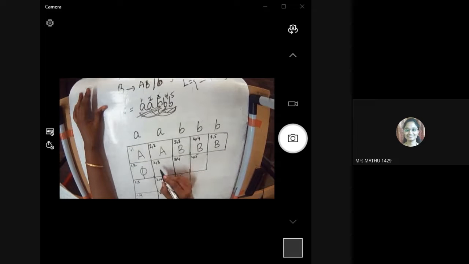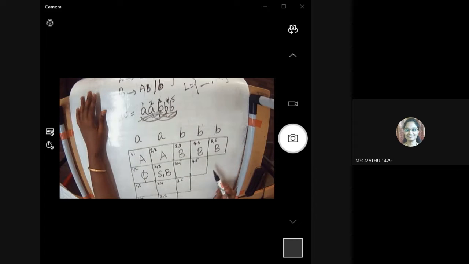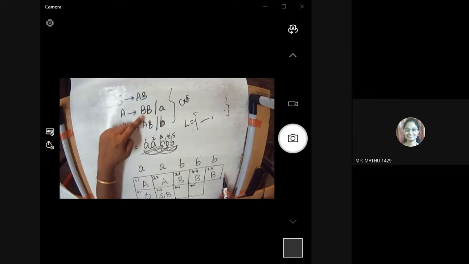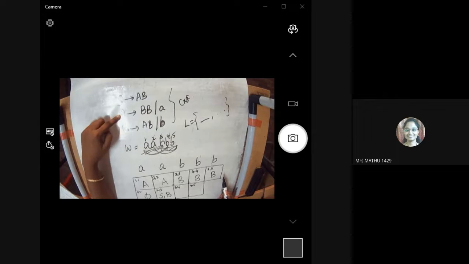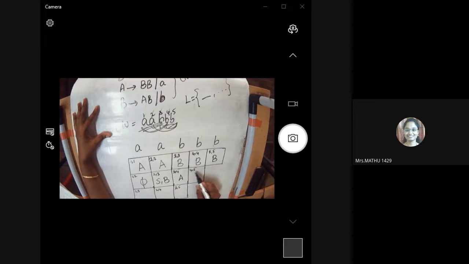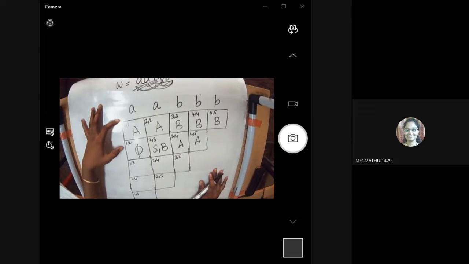So you write both S comma B. Then 3, 4 is BB. You check whether BB is generated by any variable. BB is generated by variable A, so you write A here. Then 4, 5 means again BB, which is generated by A. So far, the first two rows are very easy. You can directly write like this.